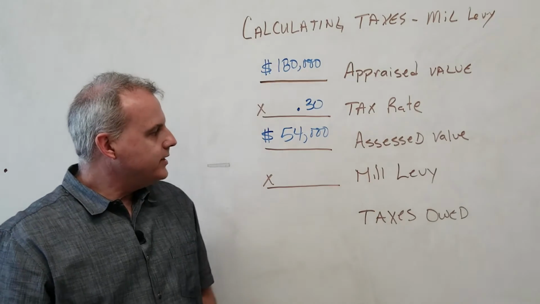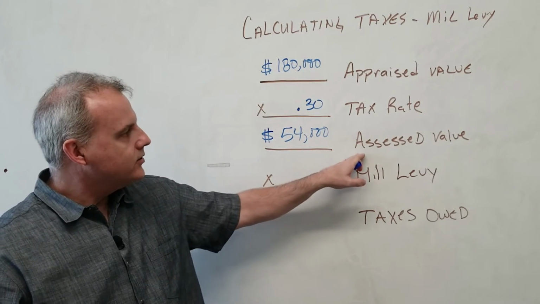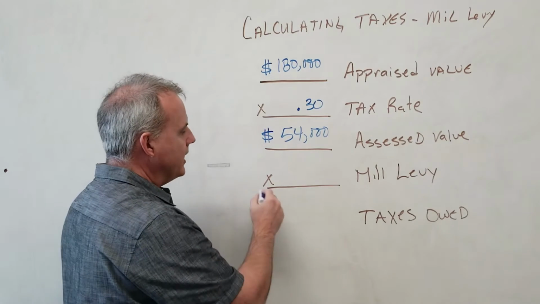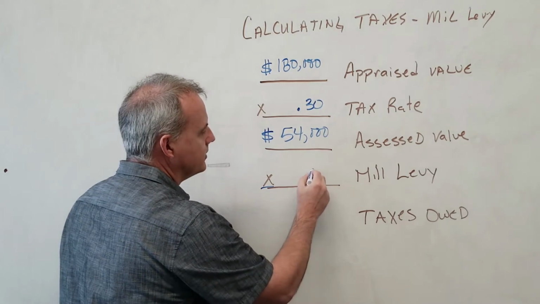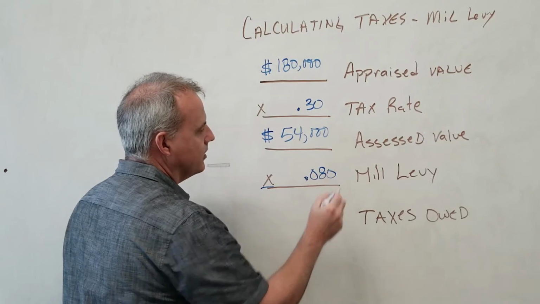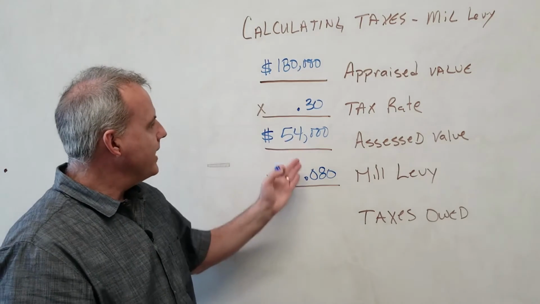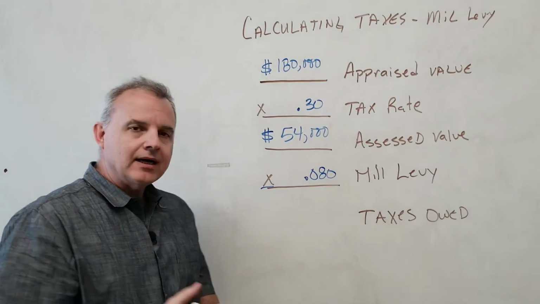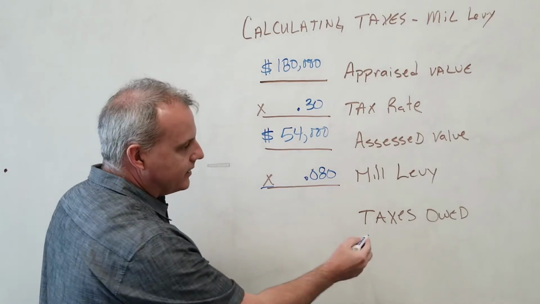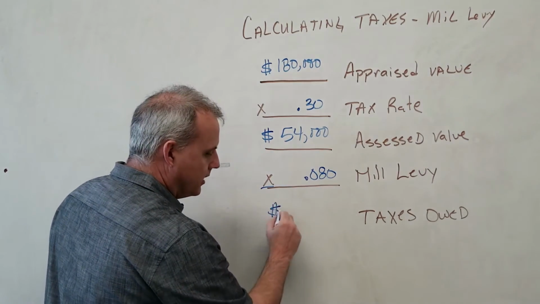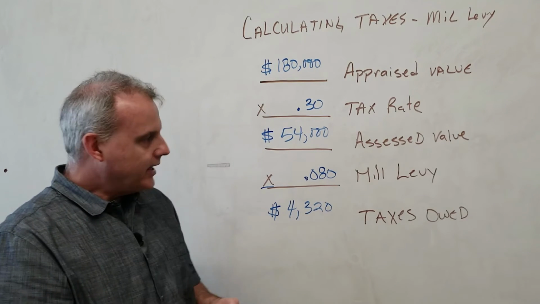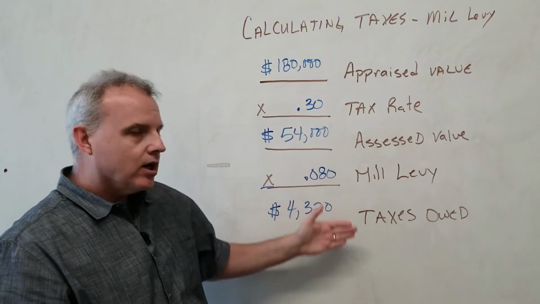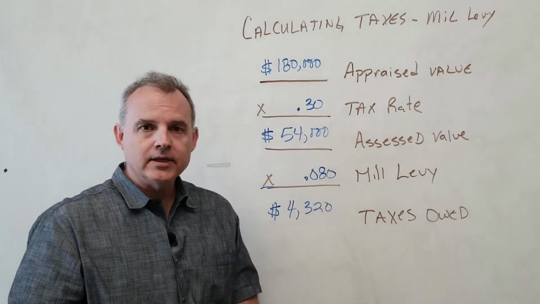The next part is we take the $54,000, which is the assessed value, and multiply it by the mill levy, which is decimal 080. When we do the math, we multiply 54,000 by 080, and we get the tax owed, which is $4,320.